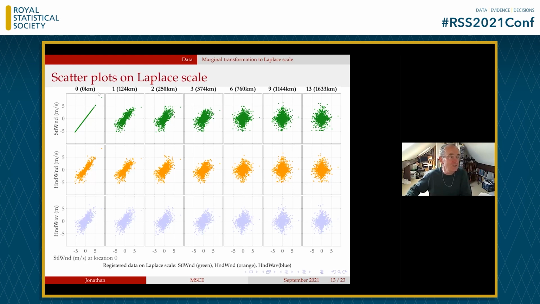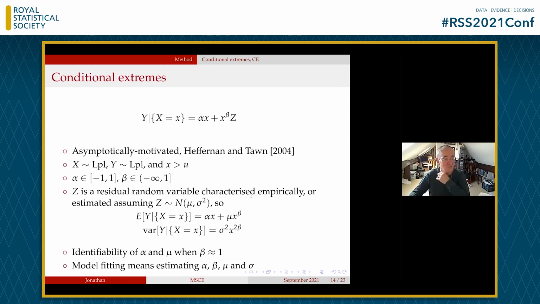When the distances are small, the slope is going to be near unity. But when I move to much larger distances and condition on a large value of x, the slope is going to be near 0. This is the alpha term in the conditional extremes model. I can see that alpha is going to decay from around unity to 0 over this distance. You can see the same kinds of characteristics in the other plots as well.